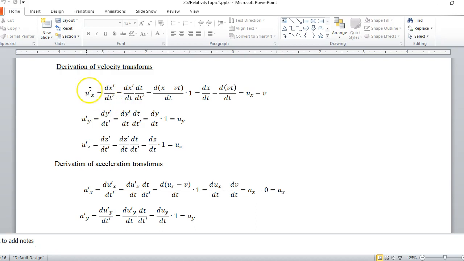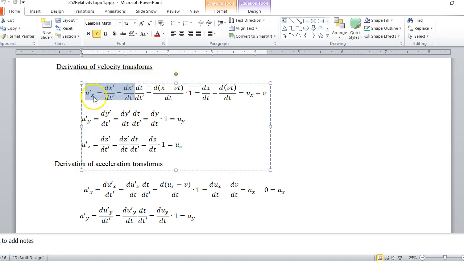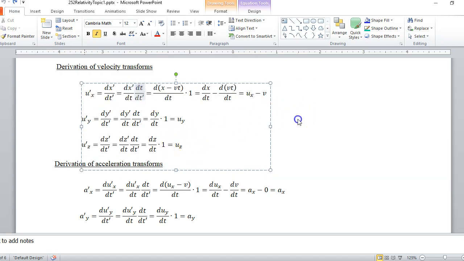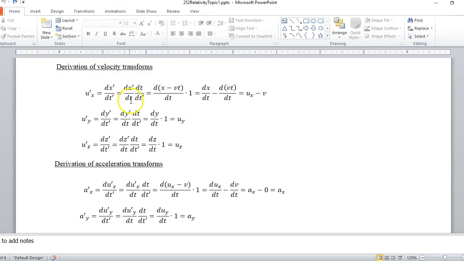What you do is, let's just take a quick look at the first one. I don't want to bore you with the details, but you would start out and say the x component of velocity u prime by definition is dx prime/dt prime. But then you use the chain rule and write that as dx prime/dt times dt/dt prime.